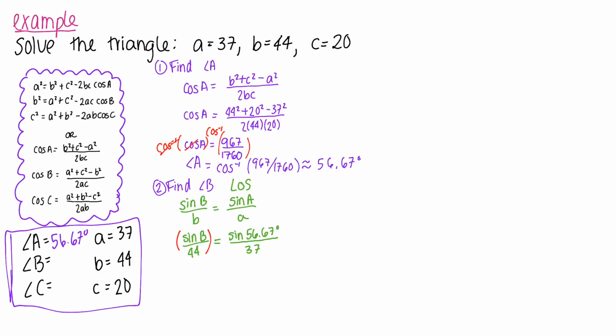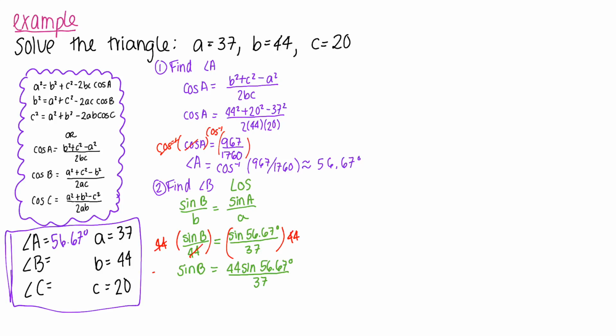We will multiply both sides by 44 to cancel. So we get sine B is equal to 44 sine of 56.67 degrees all over 37.